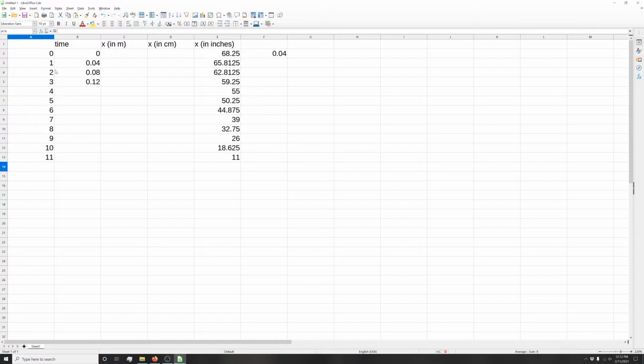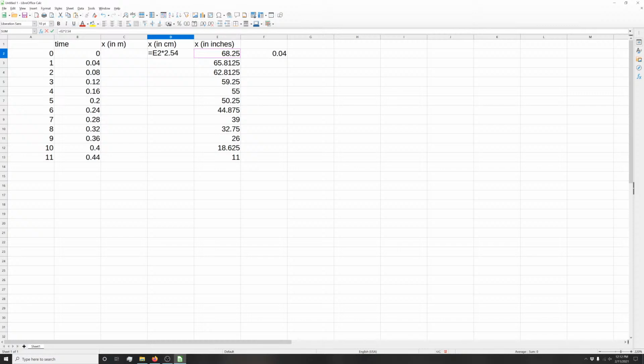So in total, we got about 11 data points. Let's see if we can do it that way so it's a little bit faster. There we go. Okay, so I was using a tape measure. It was in imperial, so in inches, we're going to convert that to centimeters.